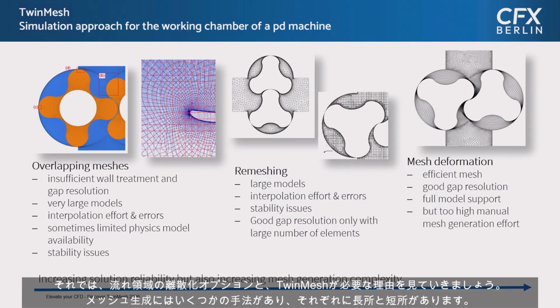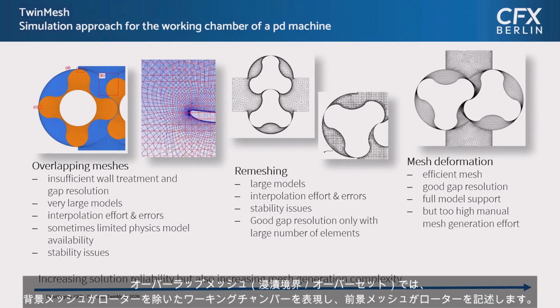Now let's look at the discretization options for the flow domain and why TwinMesh is needed. There are several meshing approaches, each with different strengths and limitations. For overlapping meshes, like immersed boundary or overset, a background mesh represents the working chamber without the rotors, and the foreground mesh describes the rotors.